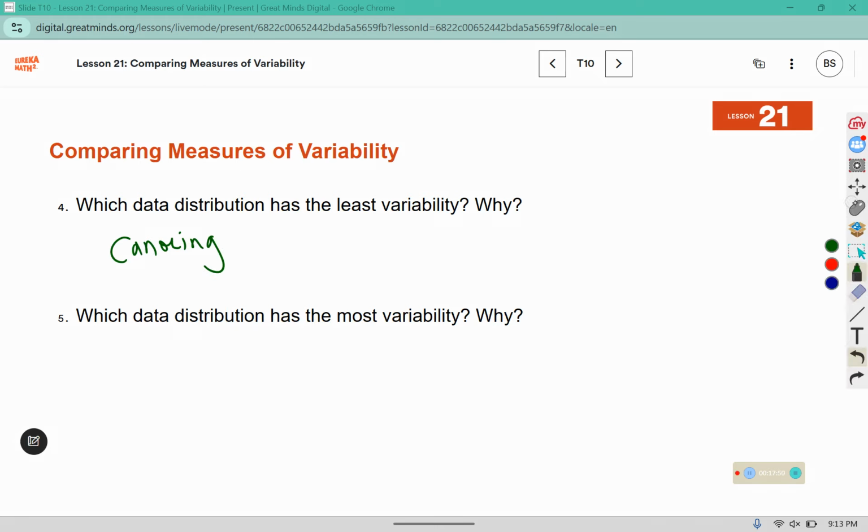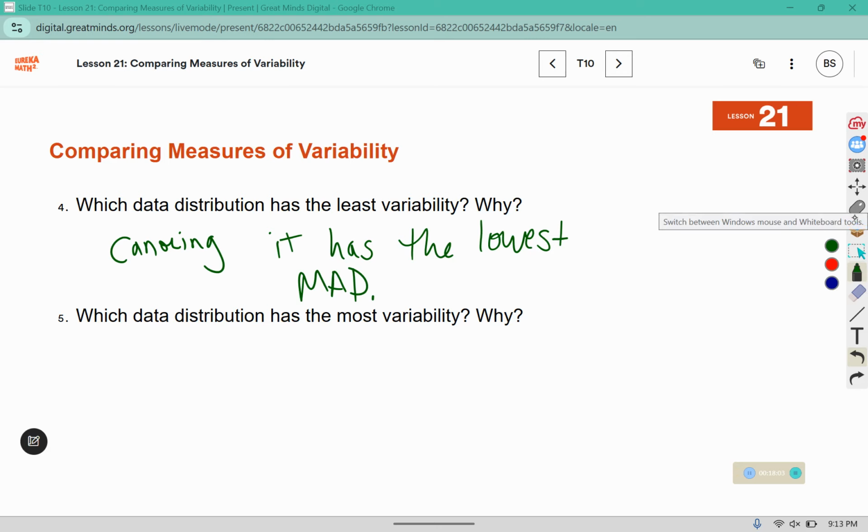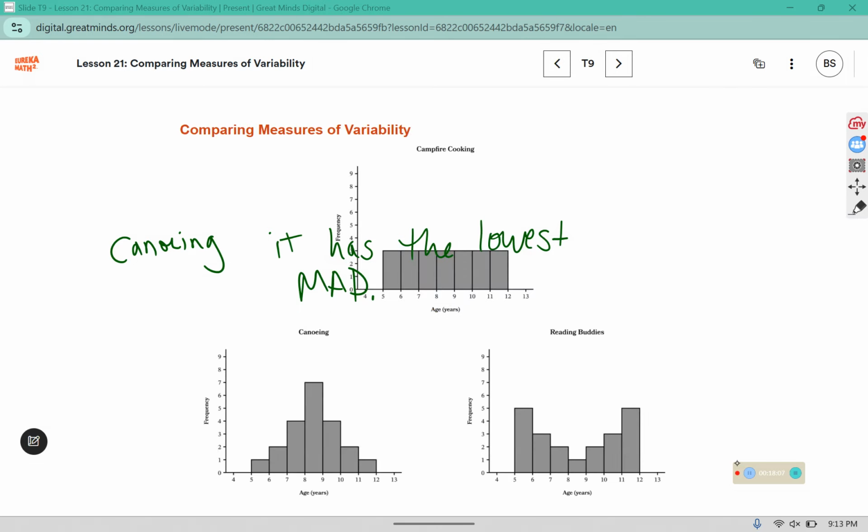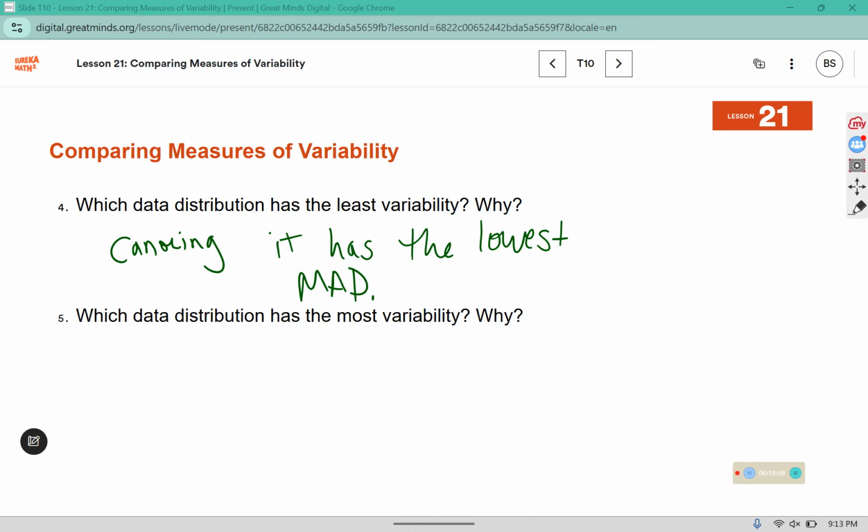It had the lowest mean absolute deviation. Which distribution had the most? That was the reading buddies, which had the highest mean absolute deviation.